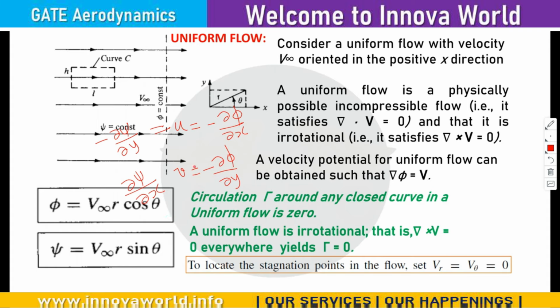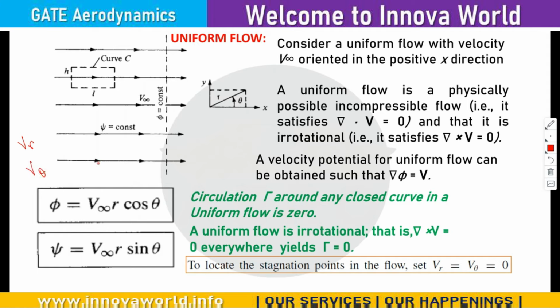So this is the equation. It can be also written in this way. Okay. So here you have to also remember this formula. So when we note down the value in terms of polar coordinates, we write in terms of Vr and V theta. Okay.